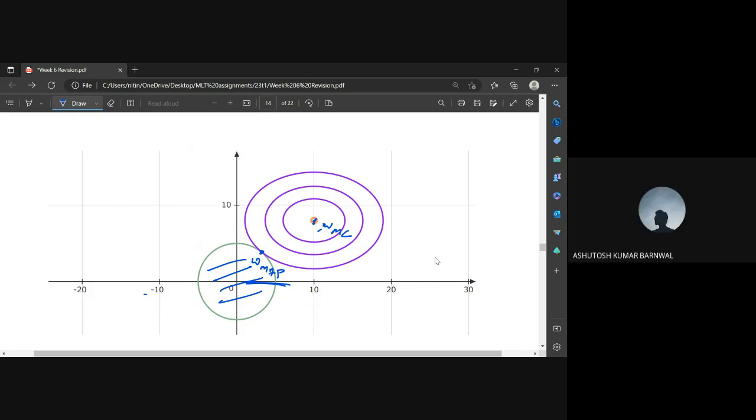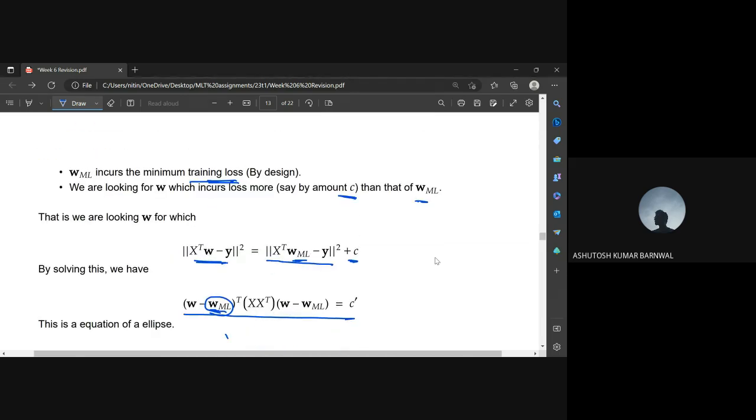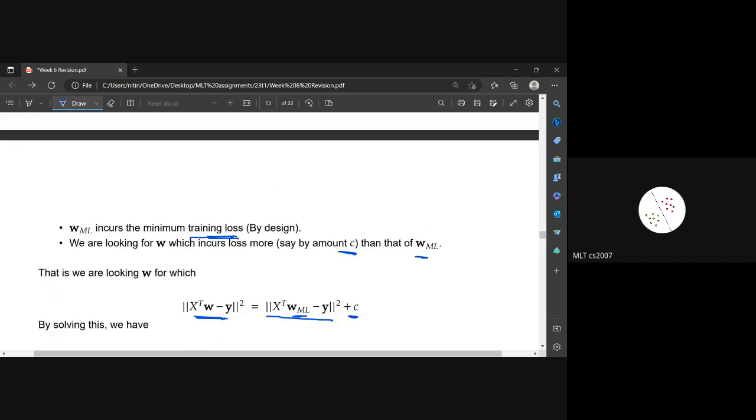Can you just scroll up? Yeah, now sir, why did you say the loss is more? Because this WML will suffer the minimum loss, right? What do we call WML? WML we obtained using this problem, the minimum norm of X transpose W minus Y, right?